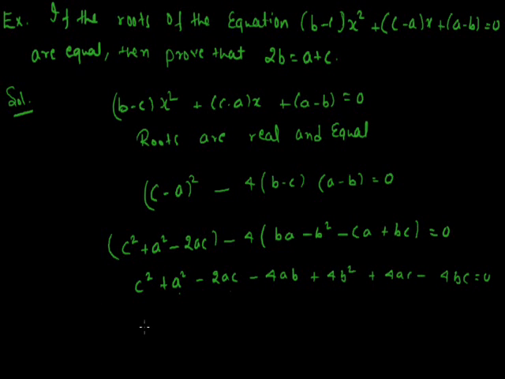So this will become c square plus a square minus 2ac plus 4ac will become 2ac, and minus 4ab plus 4b square minus 4bc. This will be equal to 0.